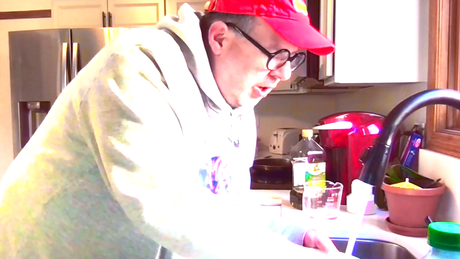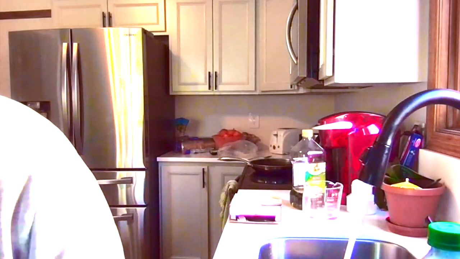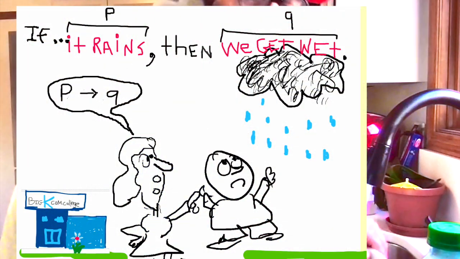Today I'm going to talk to you about if-then sentences, conditional sentences. If P, then Q. Well, what you do is you substitute in simple sentences for P and Q. So, if it rains, then we get wet.